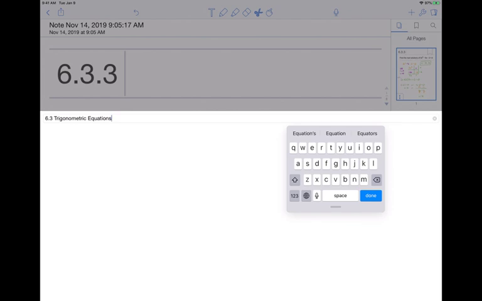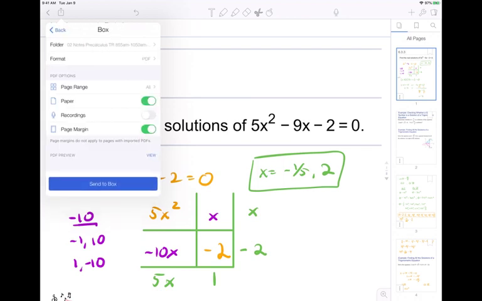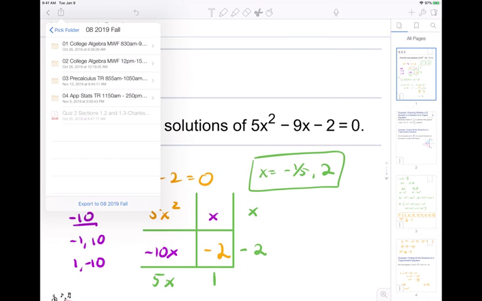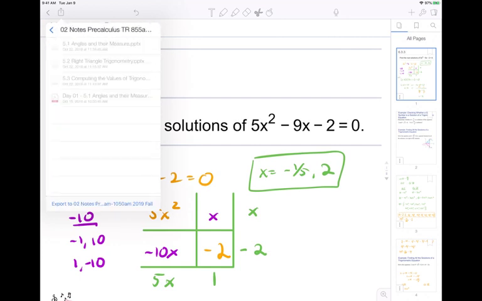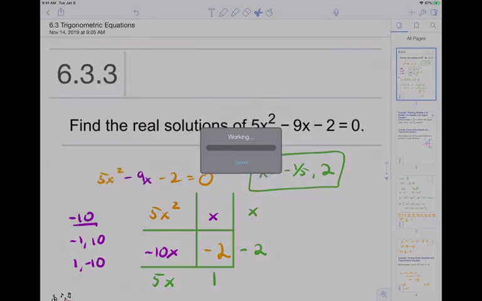Okay, that's fine. So I'm going to hit share, send it to box. This one, fall, pre-cal, course files, into the notes, send it there. So when this loads, you'll have a copy of anything that you saw me writing in the notes. You'll have a copy of it as soon as this bar finishes loading.